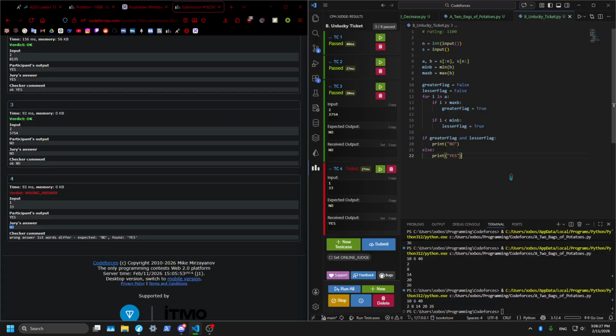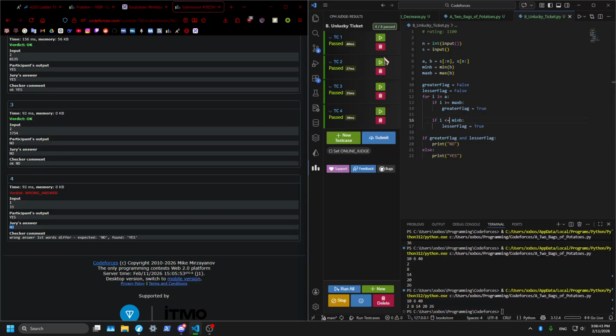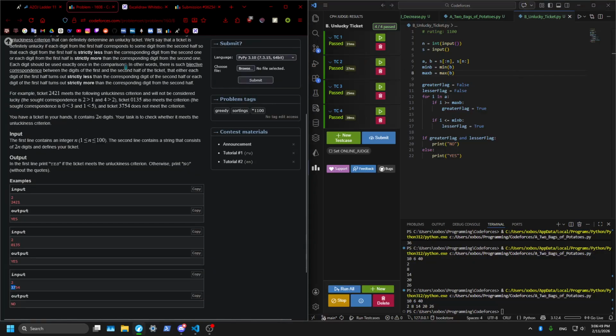It's strictly greater, so if all the numbers are equal, then it's lucky because they're not all less than B, or greater. Yeah, that makes sense.